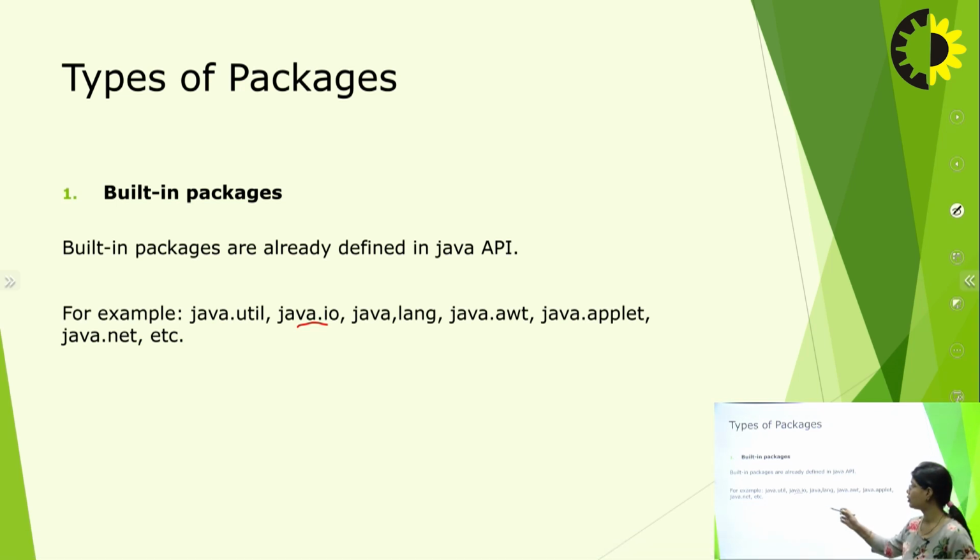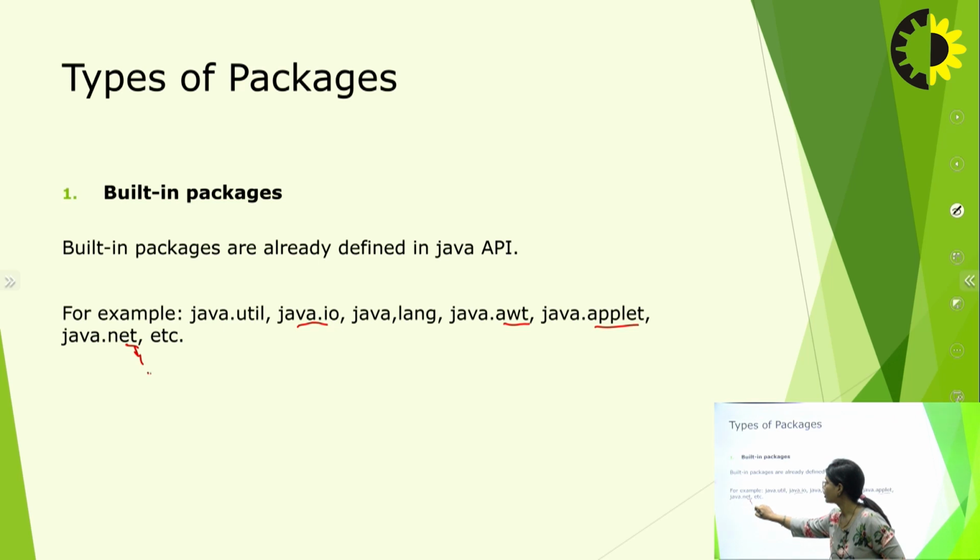Suppose io is for input output, and util is for the Scanner class, which comes under util. AWT is for graphics, applet is for the window in a browser, and net is for networking.